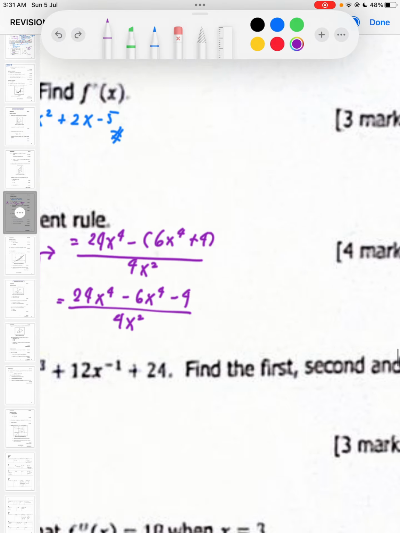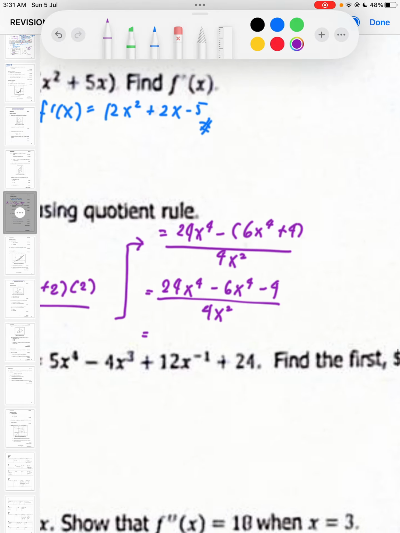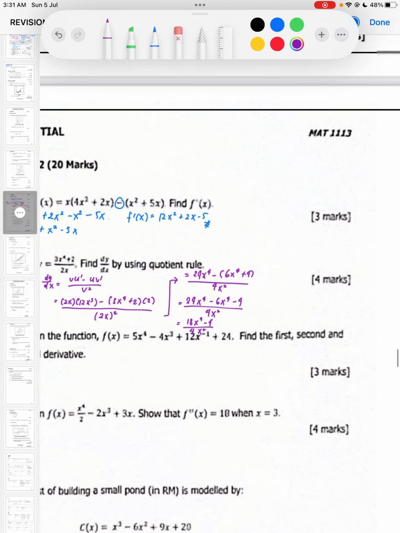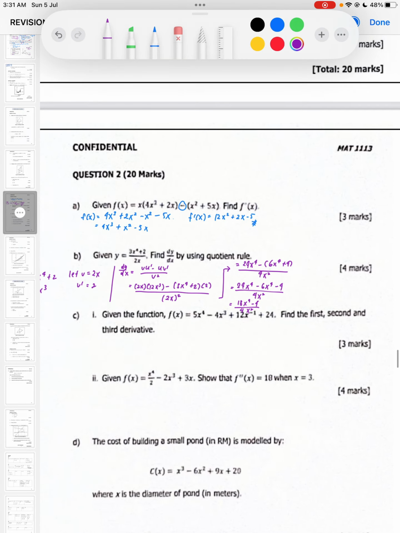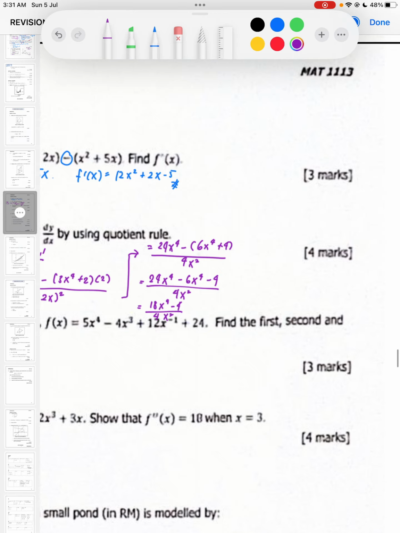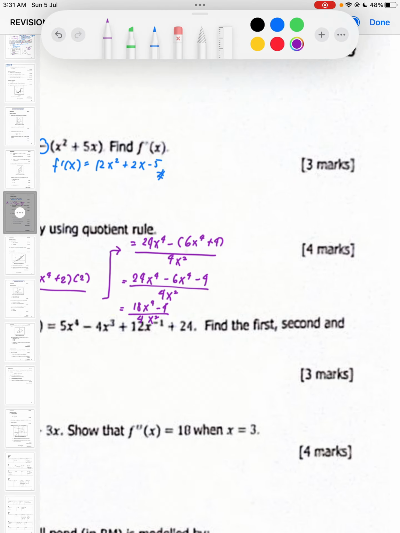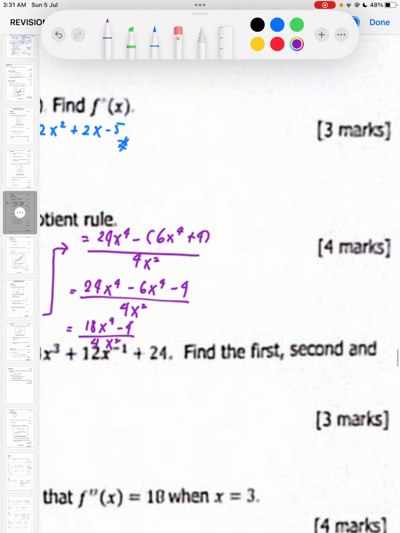Okay, so let's simplify that. 18x to the power of 4 minus 4 over 4x squared. Okay, yeah, I think we can simplify it further. Okay, let me just move this up here.